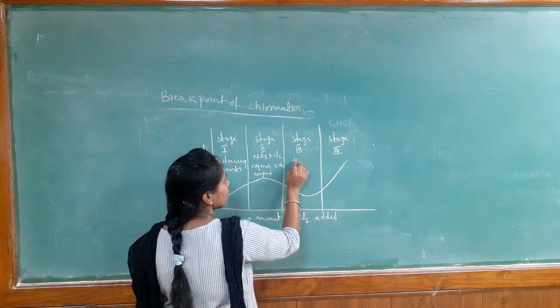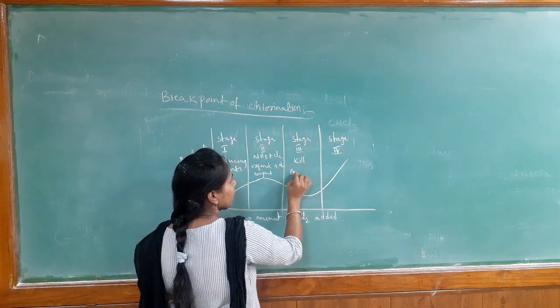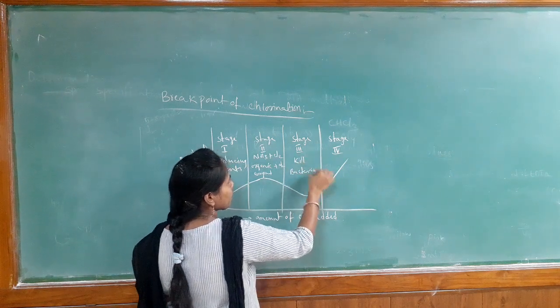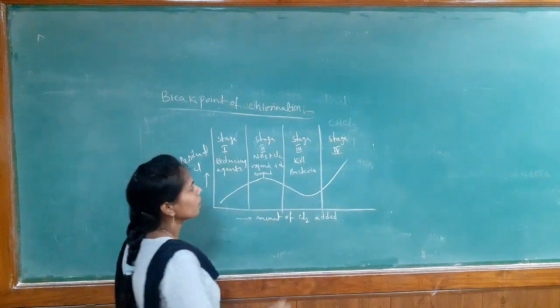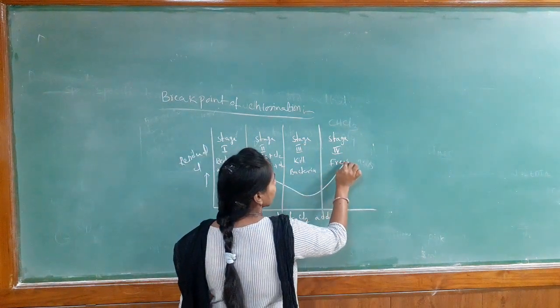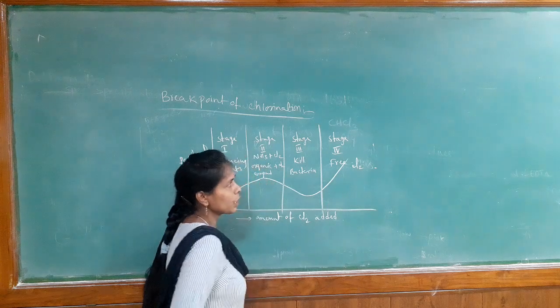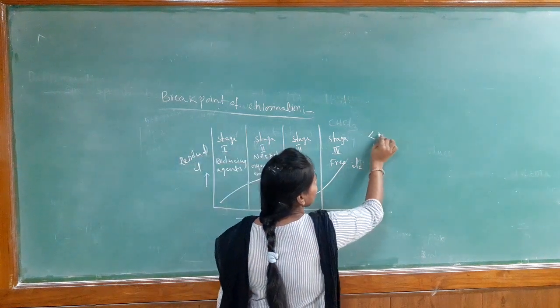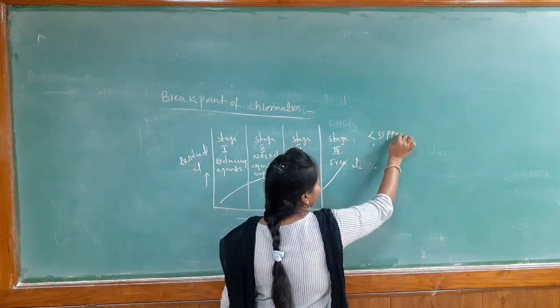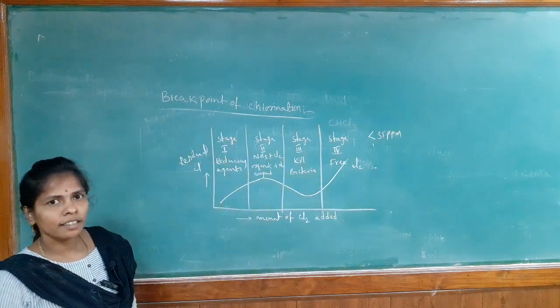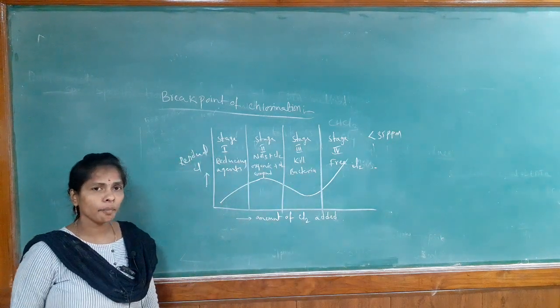In the third stage, it is killing the entire bacteria in the water sample, and in stage 4, the free chlorine, that is the residual chlorine, but it should not exceed 35 ppm. Yes. So this is the break point of chlorination.